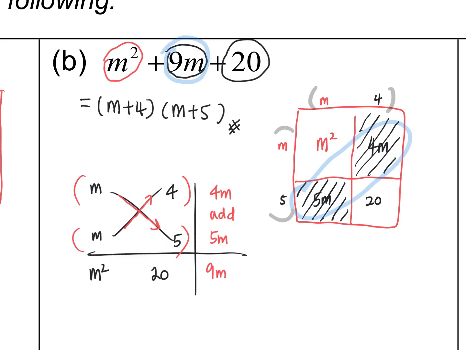Okay? So either method, just show me one. No need to show me both. Okay, you must know either one of the methods.